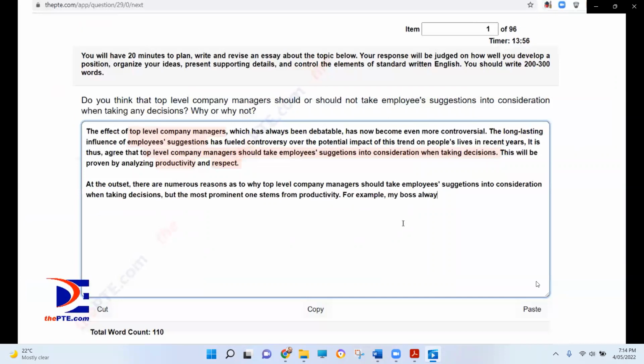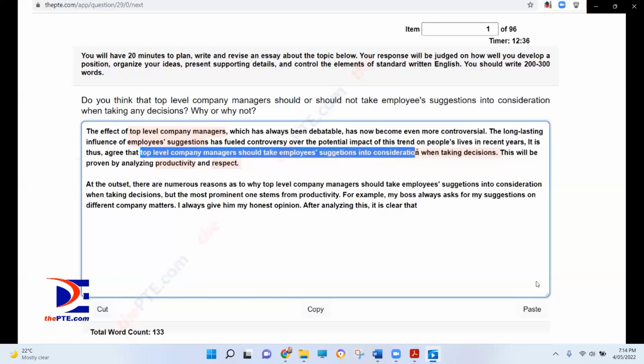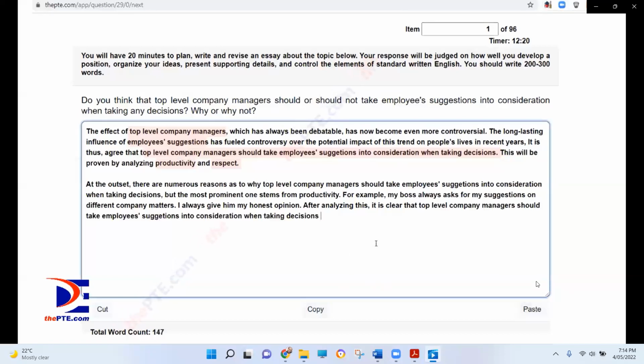So I would write, for example, my boss always asks my suggestions on different company matters. I always give him my honest opinion. "After analyzing this, it is clear that," and thesis, top-level company managers should take employees' suggestions into consideration when taking decisions because of productivity.